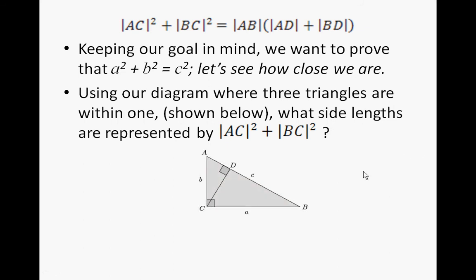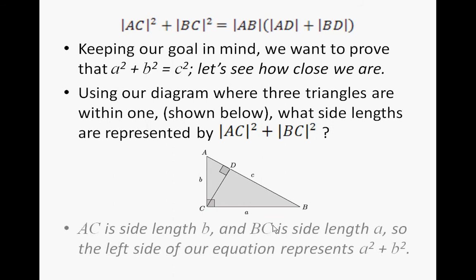Well, that would be A squared and B squared, because here's AC, which is the same as B, and here is CB or BC, which is the side length of A. So we have now A squared plus B squared. So there and there.